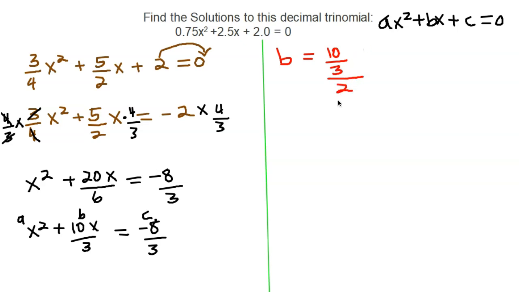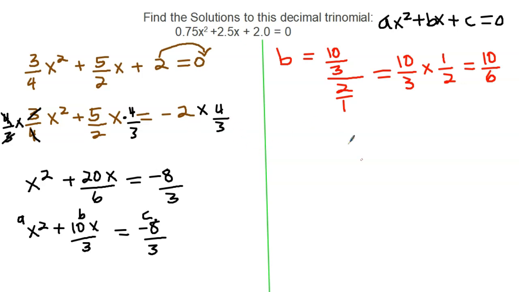That's the process of completing the square. We divide it by 2. So when we divide it by 2, what is happening? It's going to be keep, change, flip. So 10 over 3, and then multiplication, and then 1 over 2, and that is giving us 10 over 6.